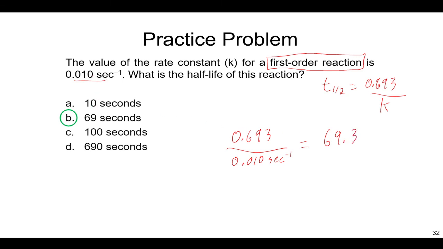I rounded off to 2 sig figs here since this is actually 2 sig figs. But you should get 69.3. 1 over seconds to the -1 is just seconds. And so here is our half-life. Takes 69.3 seconds for this particular reaction to have its initial concentration of reactant cut in half.